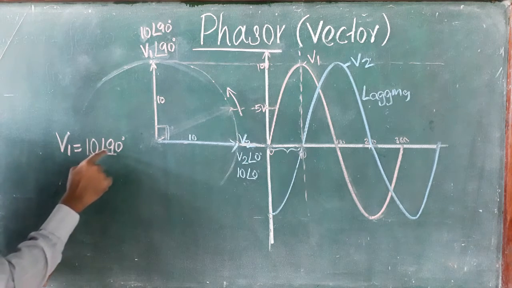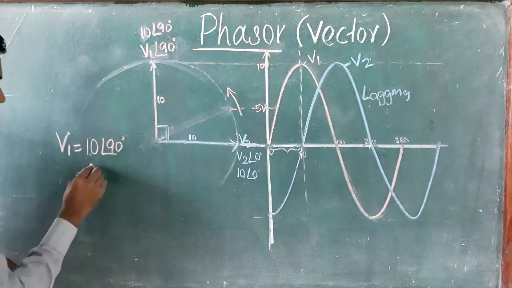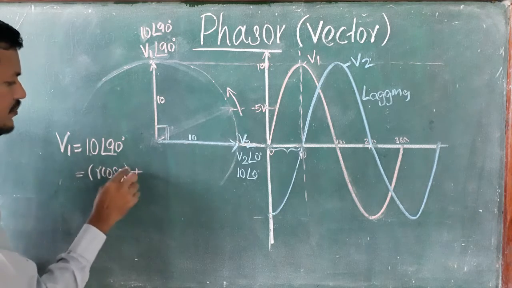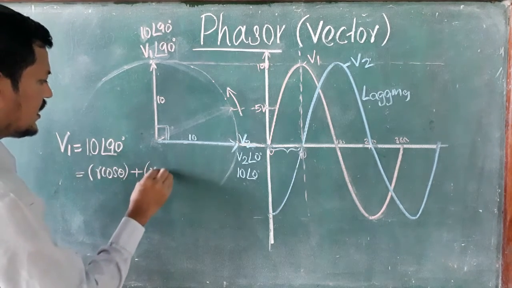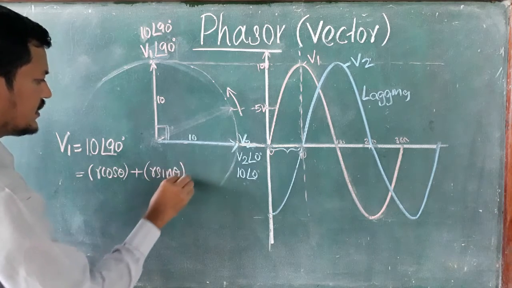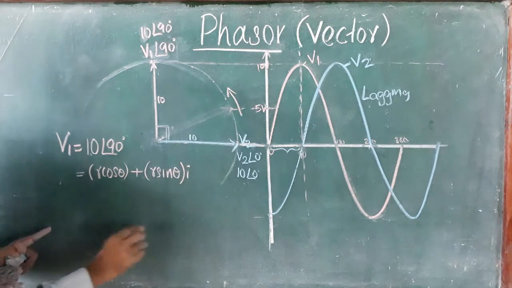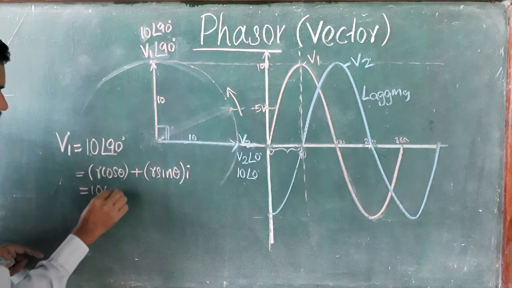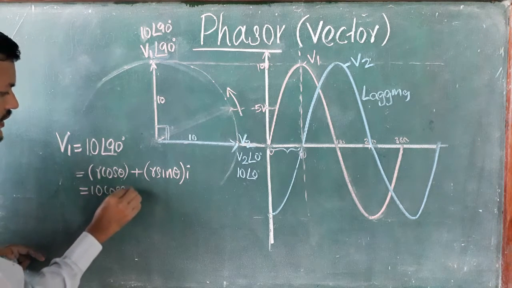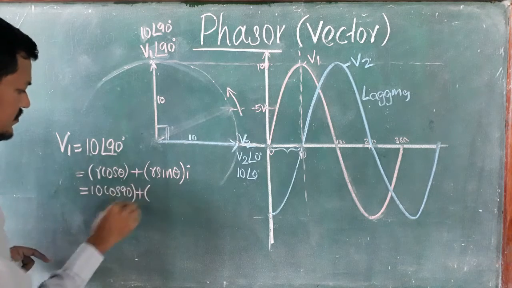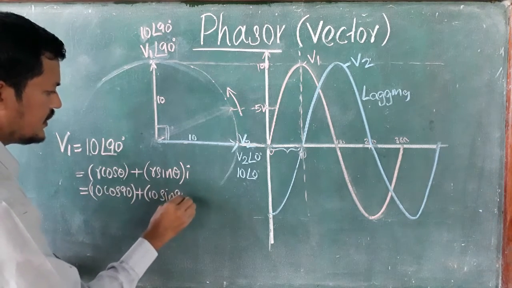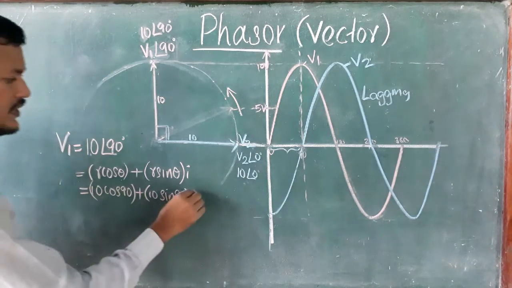The first part is r cos theta and the imaginary part is r sin theta times i or j. Clear? So substituting, it is 10 cos 90 plus 10 sin 90 times i.